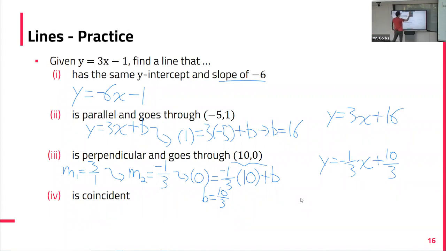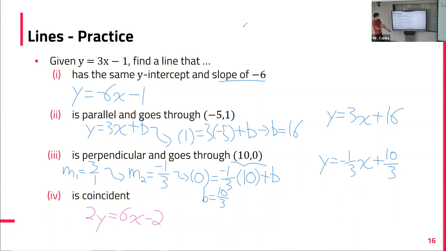The last one, we actually have a few different choices, but someone give me one possible answer here. 2y is equal to 6x minus 2. Okay, so we have the same answer from 2 people. Or we just multiply both sides by 10 or 57 or divide by whatever number.